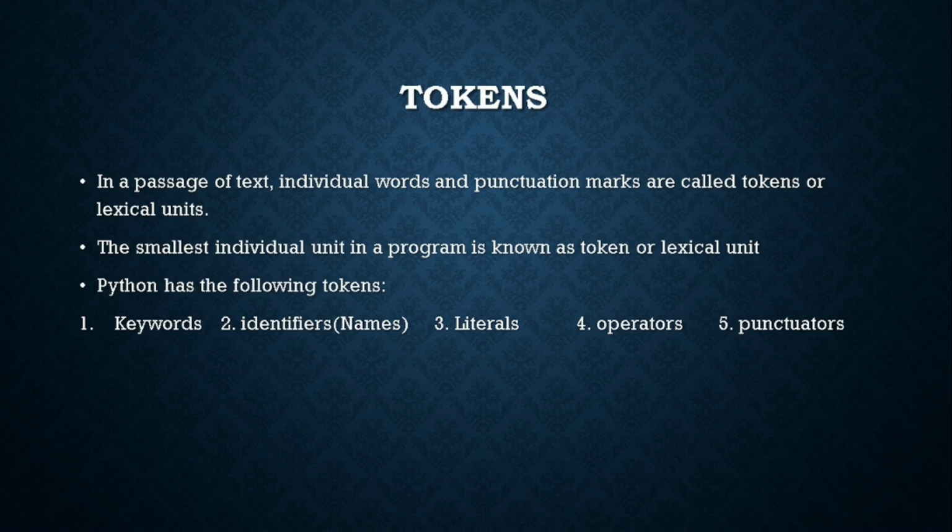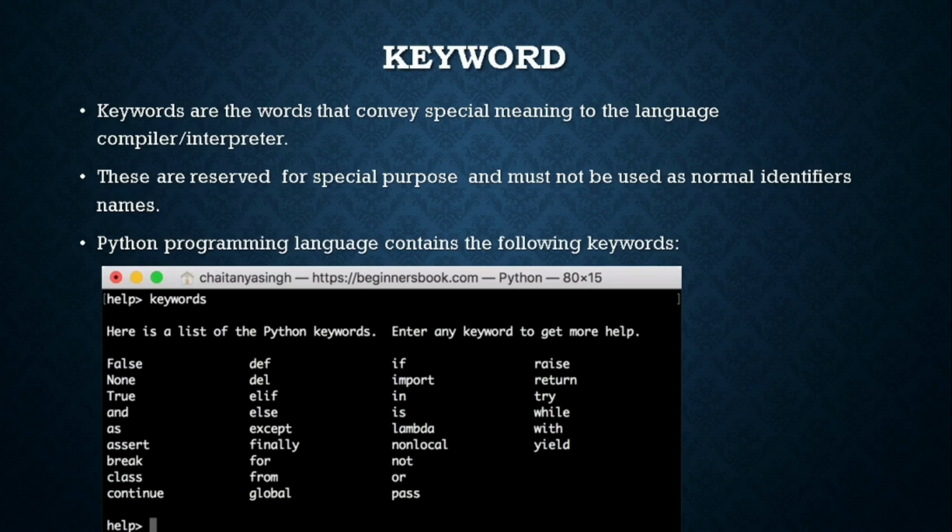Now Python has the following tokens: keywords, identifiers, literals, operators, and punctuators. Now what is a keyword? Keywords are the words that convey special meaning to a language, compiler, or interpreter. These are reserved for a special purpose and must not be used as normal identifier names. Python contains the following keywords.